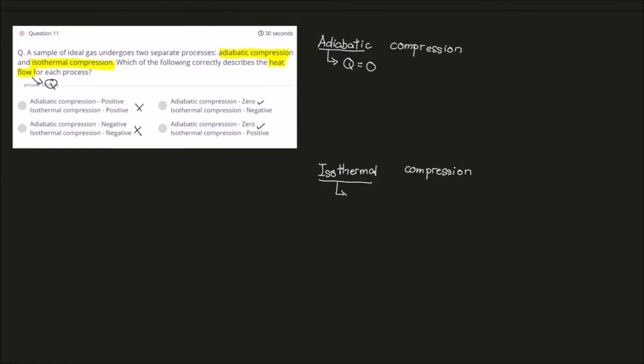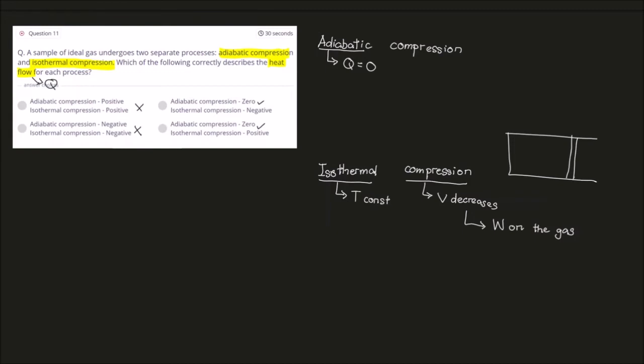For isothermal compression, you know that the temperature should be constant. And because it's a compression, you know that the volume decreases. So if volume decreases, that means work is done on the gas. Again, if you want to draw a piston, volume decrease means the piston must be moving to the left.